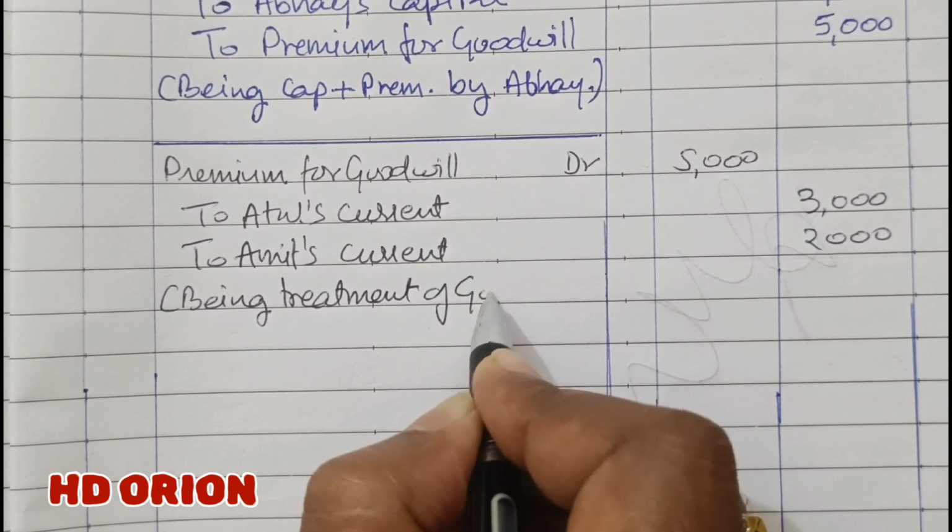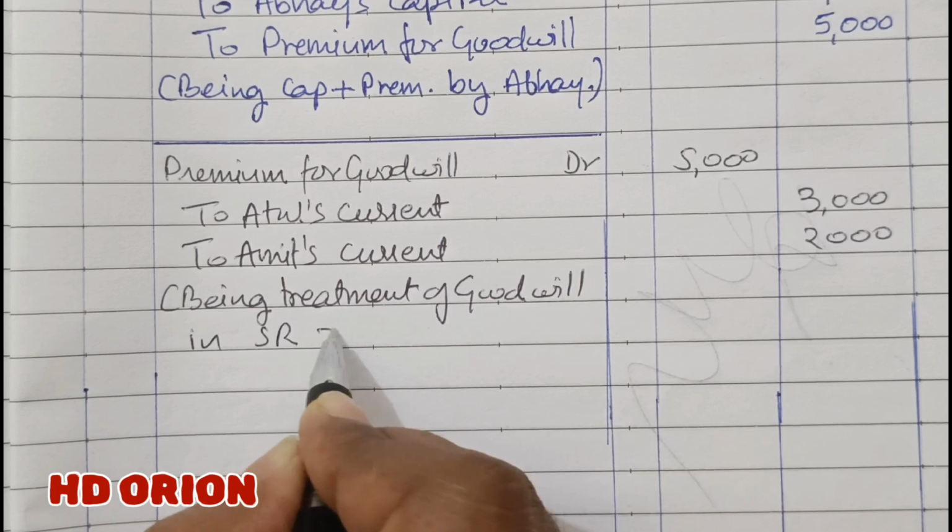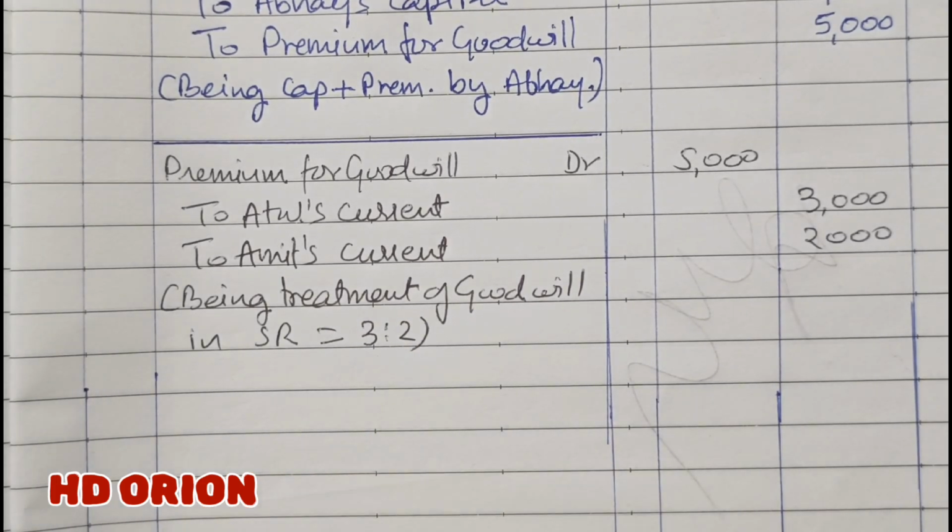Being treatment of goodwill in sacrificing ratio, which is 3:2.